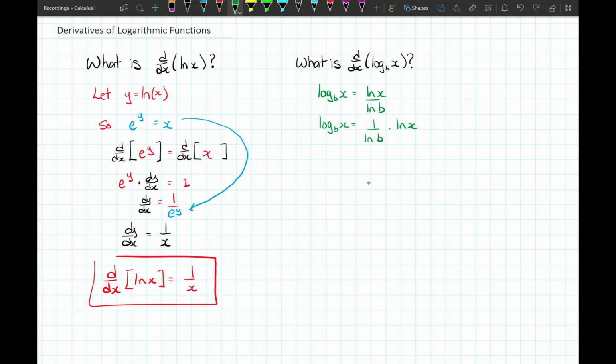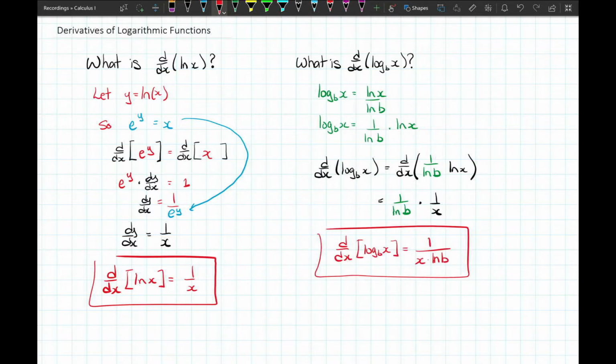Now, what we can do with this is take the derivative and use the constant multiple rule. That constant multiple is just going to be multiplying the derivative of the natural logarithm of x. And that gives rise to the general rule for logarithms. The derivative of the logarithm of x with base b is simply 1 over x multiplied by a constant, 1 over the natural log of b.